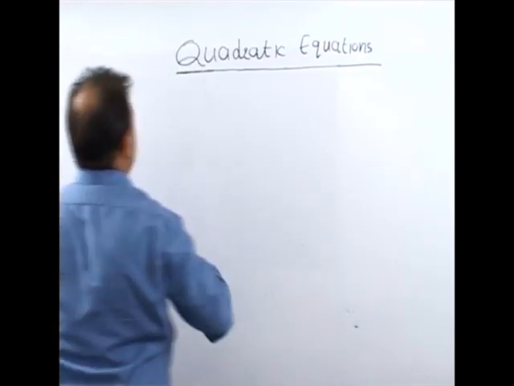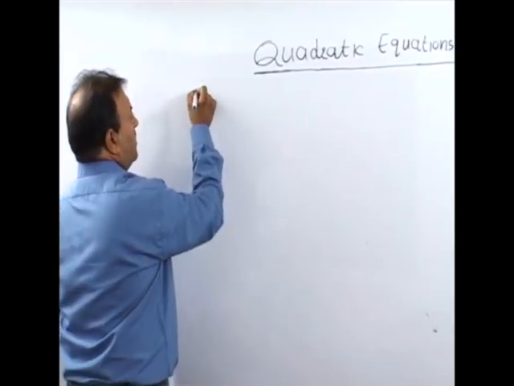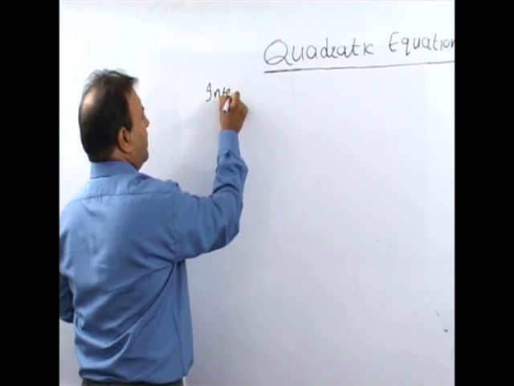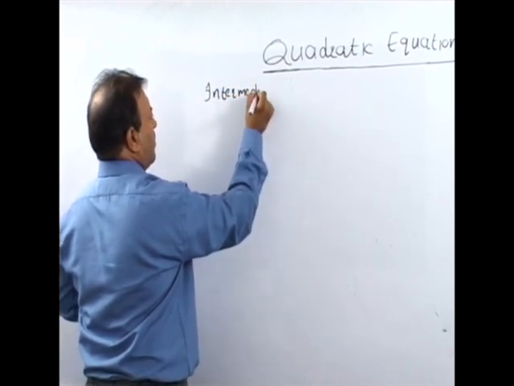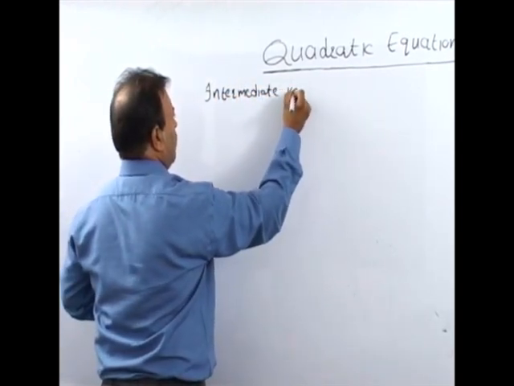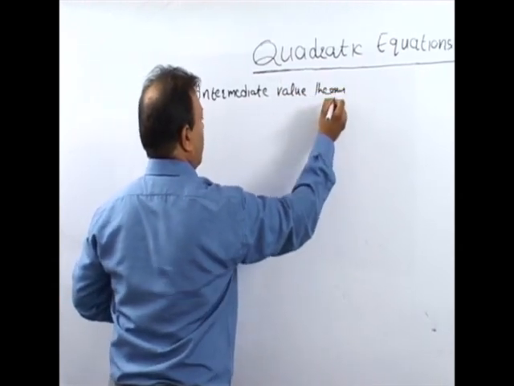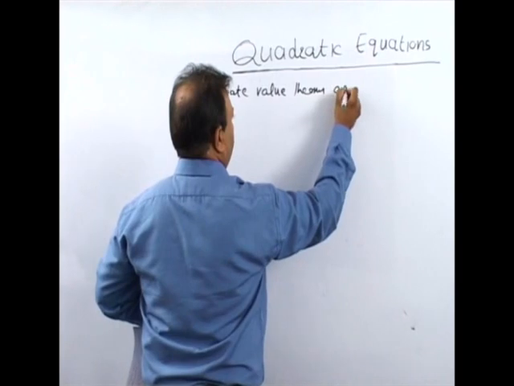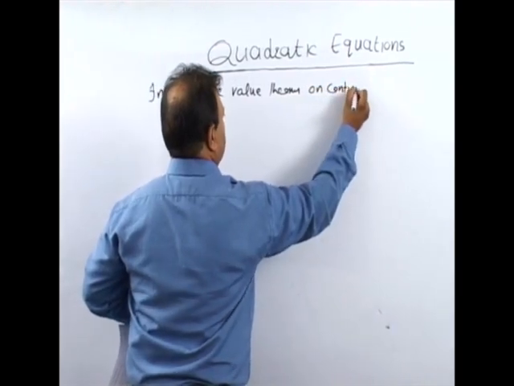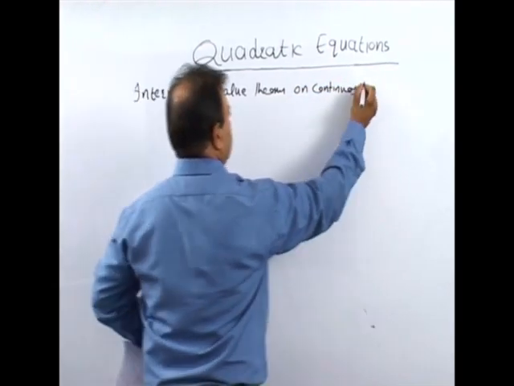Now, the topic name is intermediate value theorem on continuous polynomials.